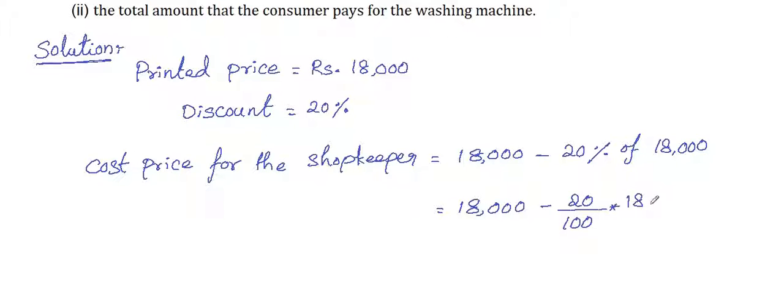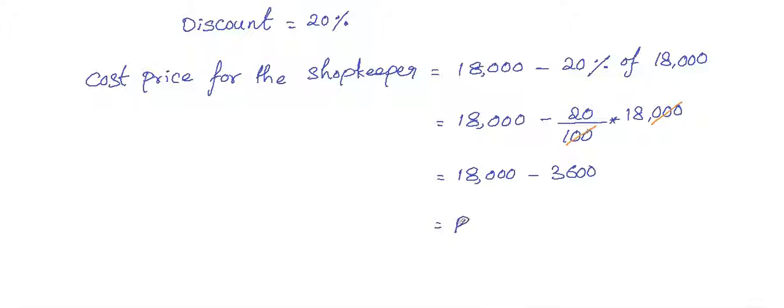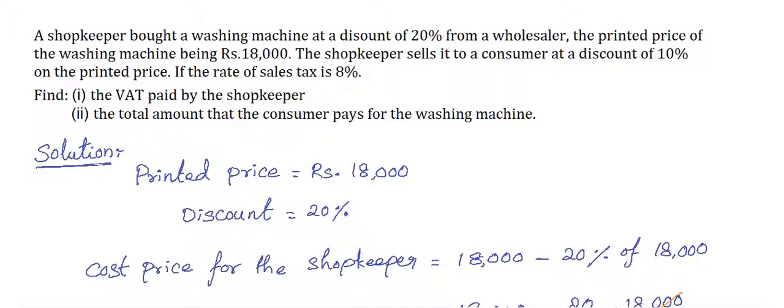So which is 18,000 minus 20 divided by 100 into 18,000. If you simplify this, we'll get 18,000 minus 3,600. If you subtract this, we'll get rupees 14,400. So cost price for the shopkeeper is 14,400.